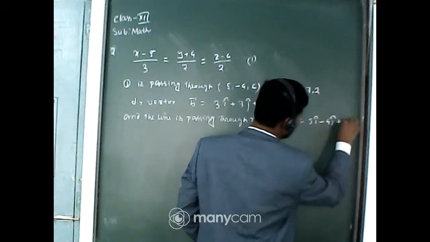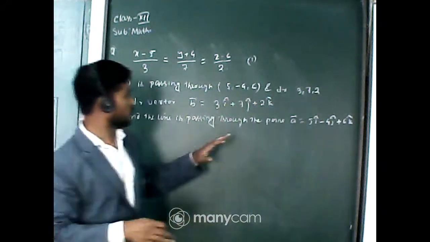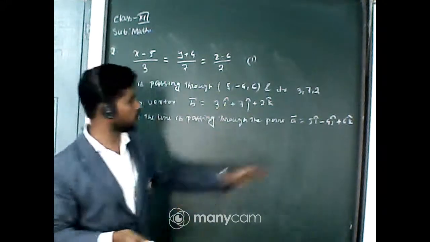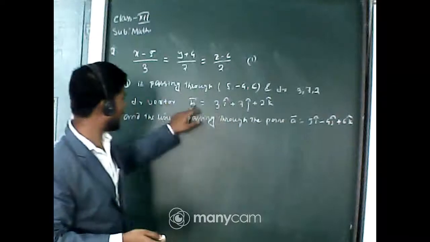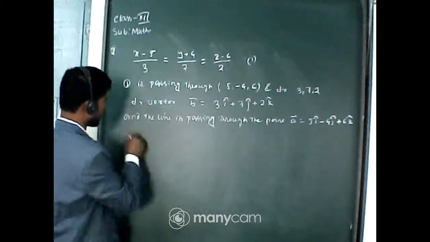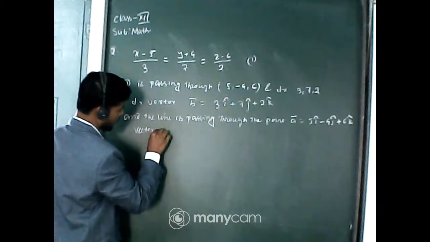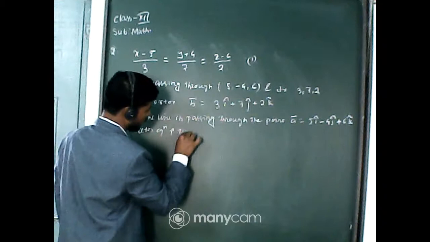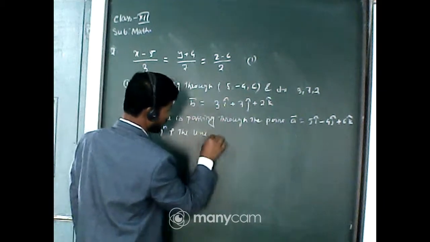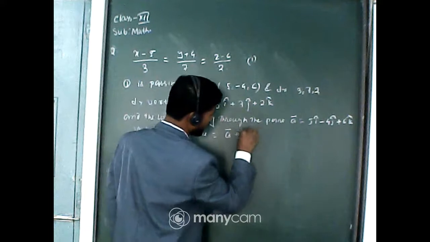Now look, we have to find the vector equation of the line which is passing through the a vector and is parallel to the b vector. So we know that the vector equation of the line is r = a vector + lambda b vector.